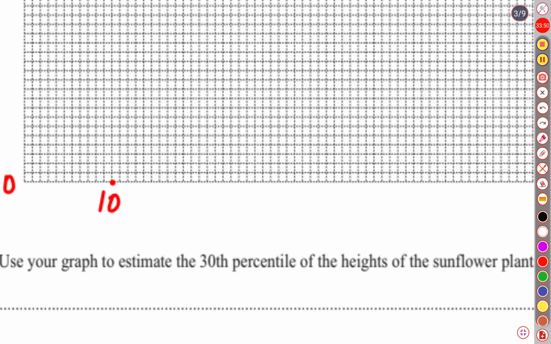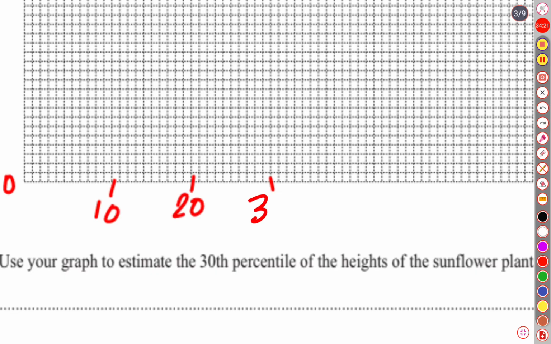This is 10. Then 11, 12, 13, 14, 15, 16, 17, 18, 19, 20. There will be 20 over here. Then 21 up to 30, it is 30 over here.